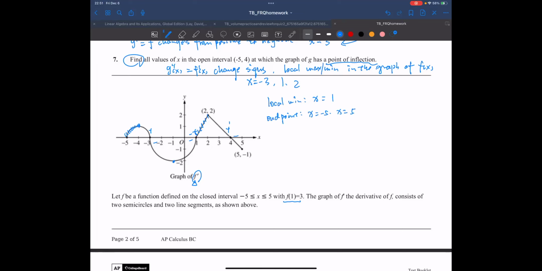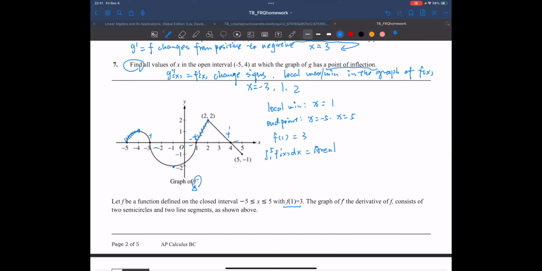Okay, the question is very nice in that it has shown you f of 1 equals 3, and then we calculate based on f of 1. We want the area from 1 to 5.